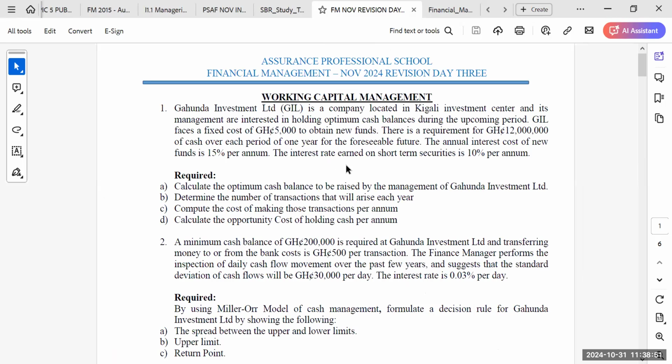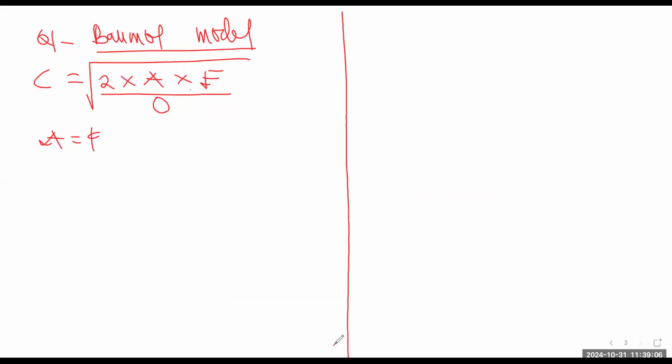What is our transaction cost? 5,000. So A over here is 12 million, and the F over here is 5,000 per transaction.